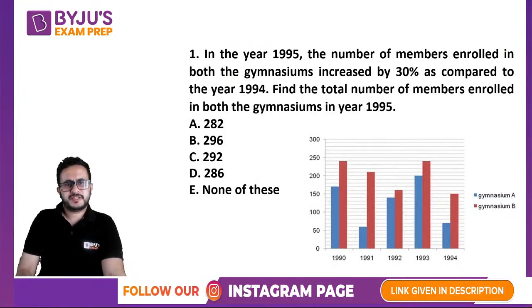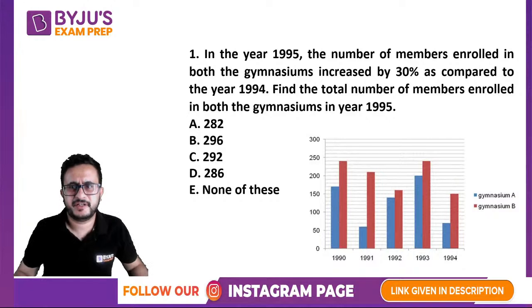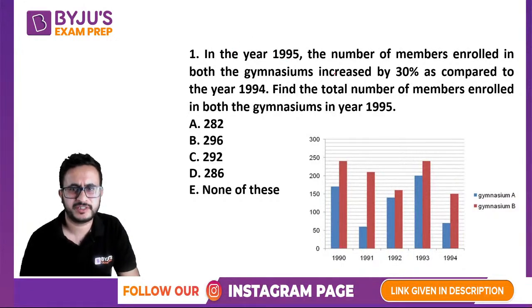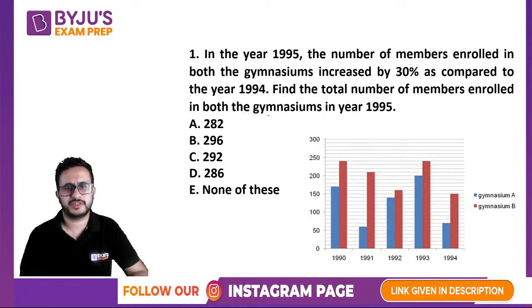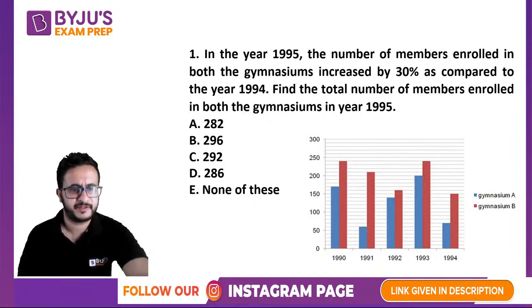So the first question is, in the year 1995, the number of members enrolled in both the gymnasiums increased by 30% as compared to the year 1994. Find the total number of members enrolled in both the gymnasiums in the year 1995.